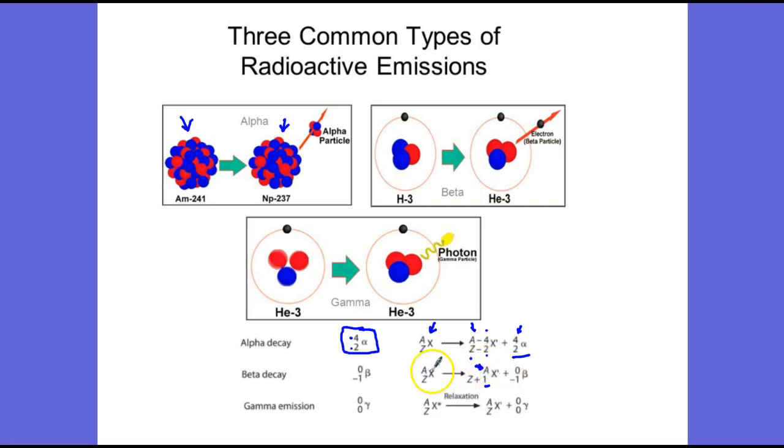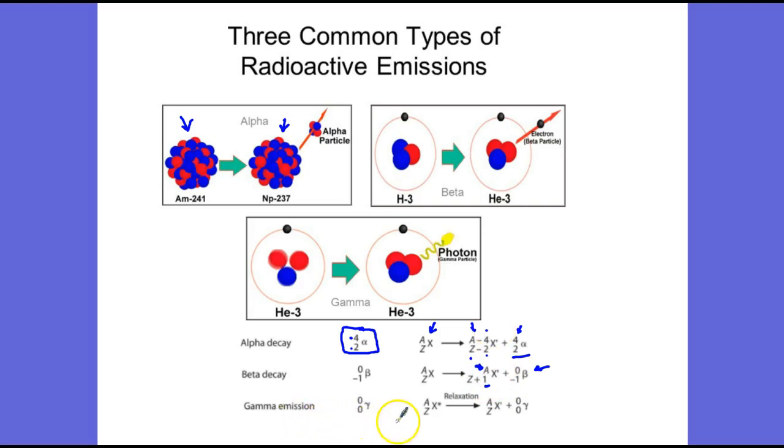So the element is the next element up in the periodic table, and you get a beta particle off. Conservation of charge happens as well. A neutron has no charge, a proton has a charge of +1, and an electron has a charge of -1, so we have conserved charge as well as conserving mass and nucleons.